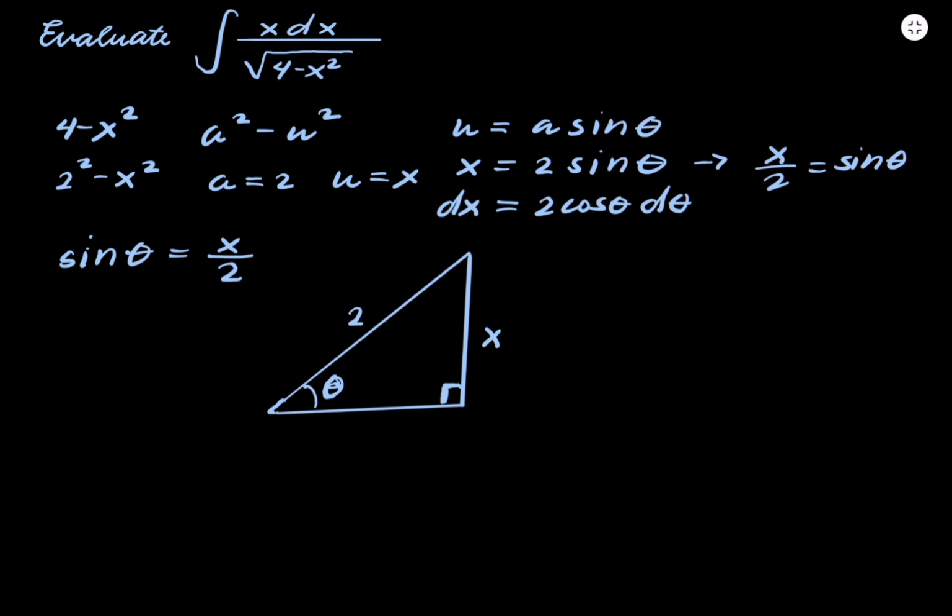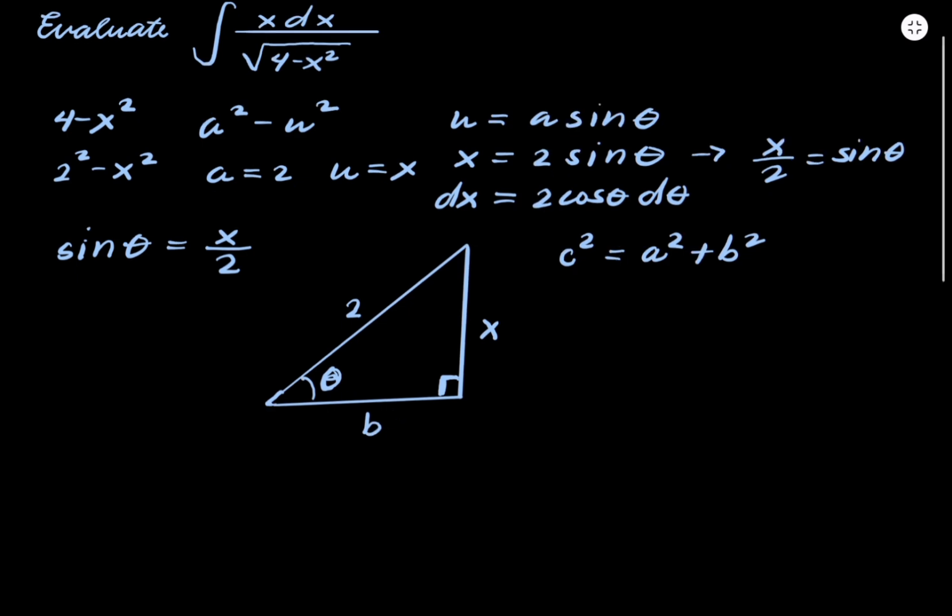To determine the adjacent side, of course, we need to use the Pythagorean theorem. The Pythagorean theorem states that the square of the hypotenuse is equal to the square of a plus the square of b, where a and b are the legs of the right triangle, meaning the square of this opposite side and the square of this adjacent side. So suppose this is b. So c squared, where c is the hypotenuse, which is 2 squared, equals a, which is x squared, plus b squared.